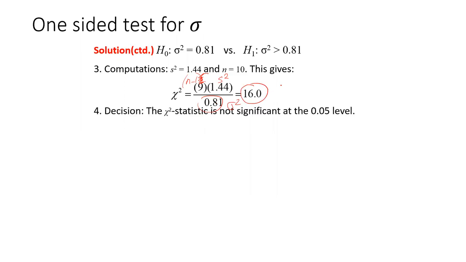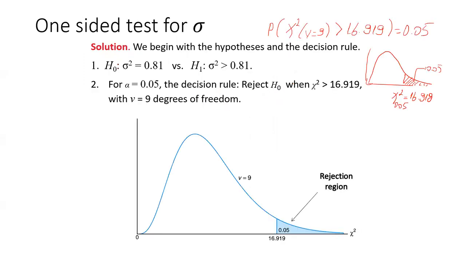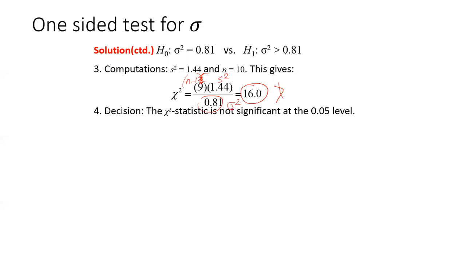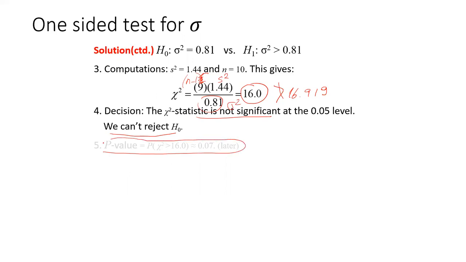So 16 is not significant because it's not greater than our critical value, 16.919. Hence, the chi-square statistic is not significant, and we cannot reject H0. We will also see the p-value, but later, it's not here. Great.